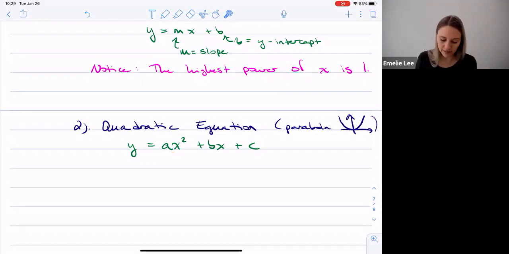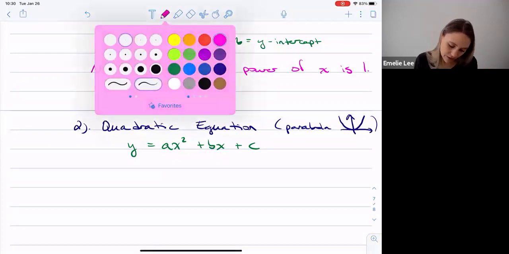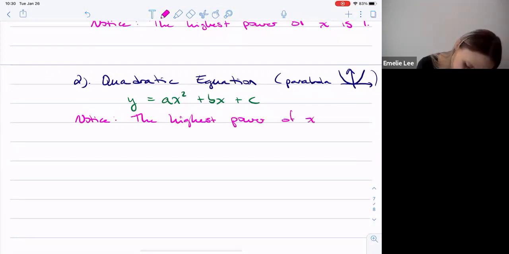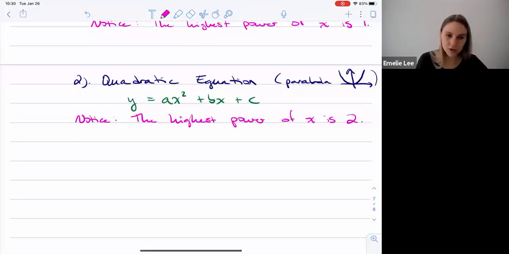Once you've simplified everything, if you have a quadratic, the highest power of x is 2, and so being able to recognize a quadratic equation is really, really important. So here I'll say, notice the highest power of x is 2.